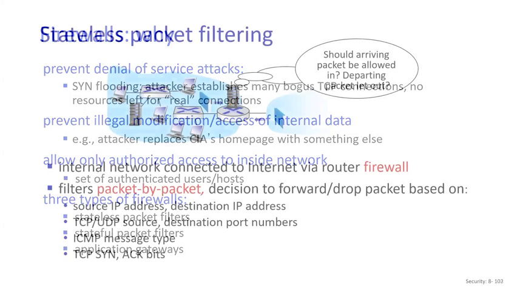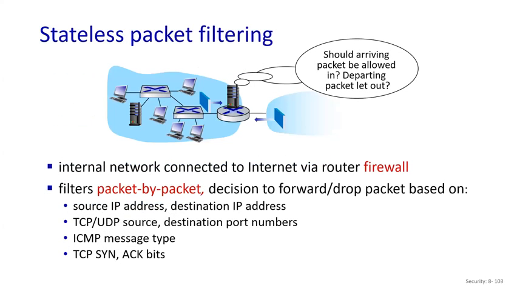Moving to the next slide, the first firewall is stateless packet filtering. Here you can see the internal network is connected to the internet via a router.